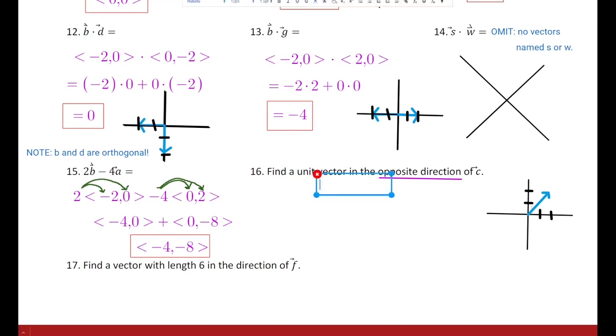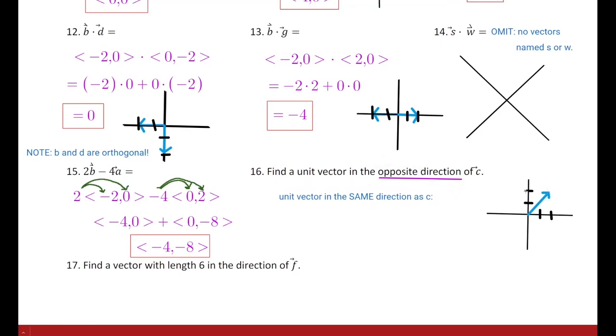So first, we're going to find a unit vector in the same direction as C. And the way we calculate unit vectors is we divide the vector by its magnitude. Essentially what we're trying to do is scale it down.